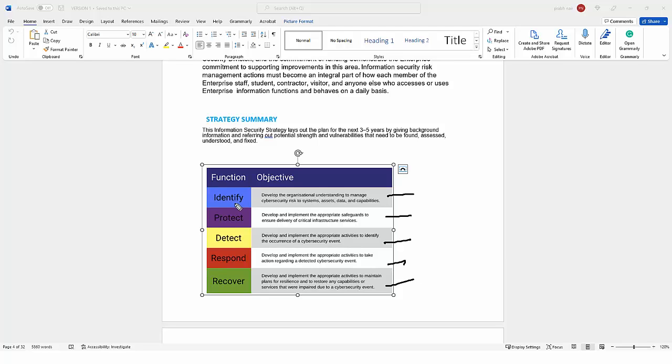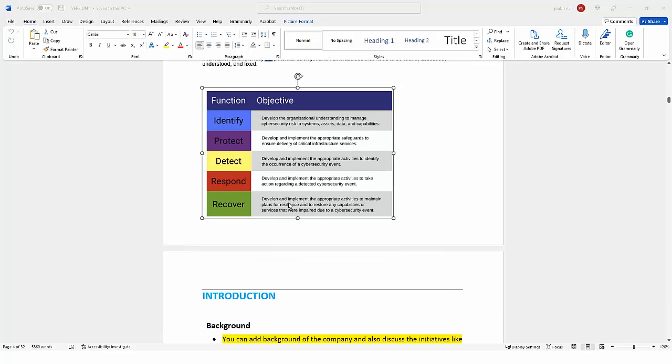Like if I say identify, in identify, I need to first identify the policy. I want to identify governance. I want to build the policy. I need to build the governance. So this is basically part of a security initiative. So the strategy summary is basically all about the high level summary of my strategy. What are the activities? What are the initiatives we're going to do in the next 5 years or 3 years? So the high level summary is very important for us to define.